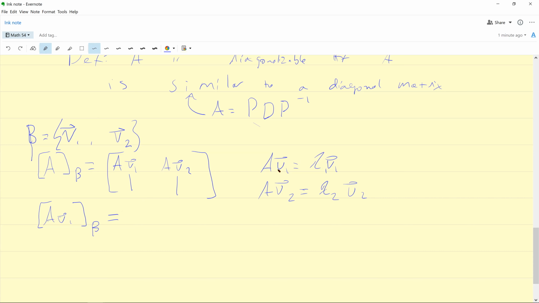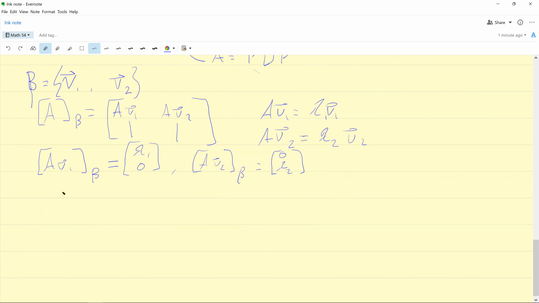Because AV1 is just lambda 1 times V1, as a linear combination of V1 and V2 it's lambda 1 times V1 plus 0 times V2, right? So it'll be lambda 1, 0. And similarly for the other vector. So we put that together to get this matrix.